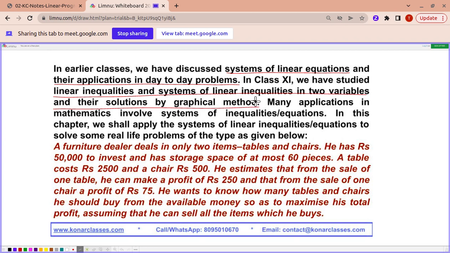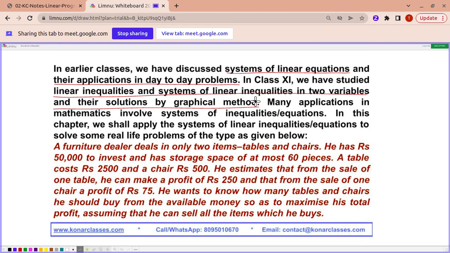Why am I saying so, dear students? Because these two are the prerequisites, that is the system of linear equations and the solution to the system of linear inequations in two variables using graphical methods. So these two pieces of information are required for this topic, linear programming problem.